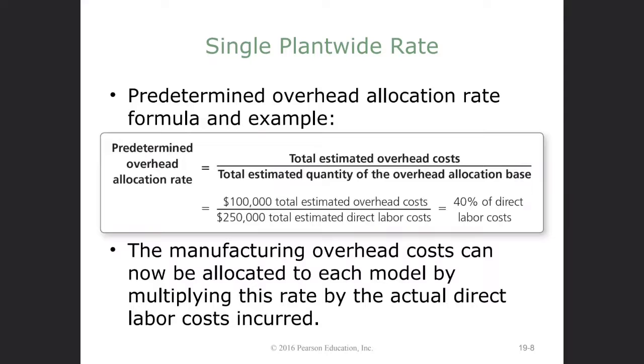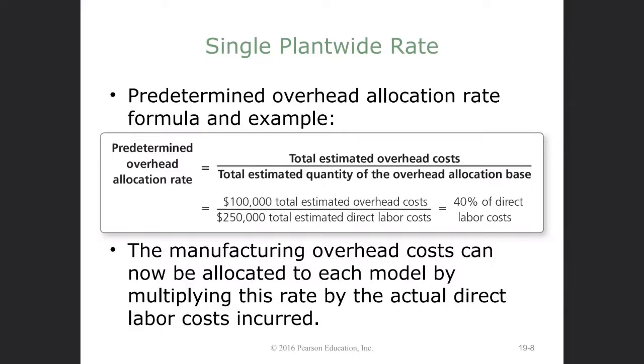Our predetermined overhead allocation rate formula and example. So to calculate your predetermined overhead allocation rate, you're going to take the total estimated overhead cost divided by the total estimated quantity of the overhead allocation base. So total cost divided by total quantity.